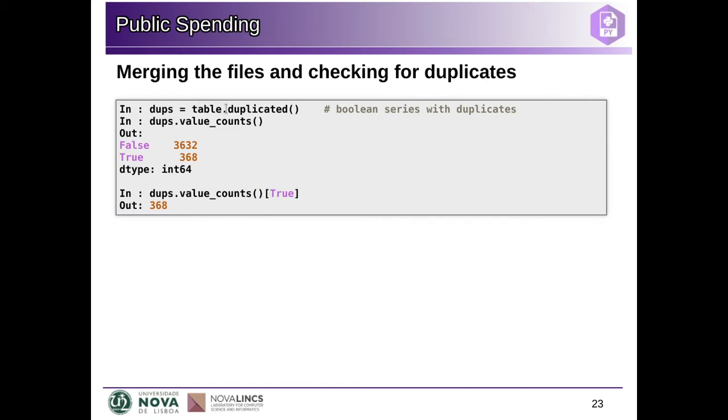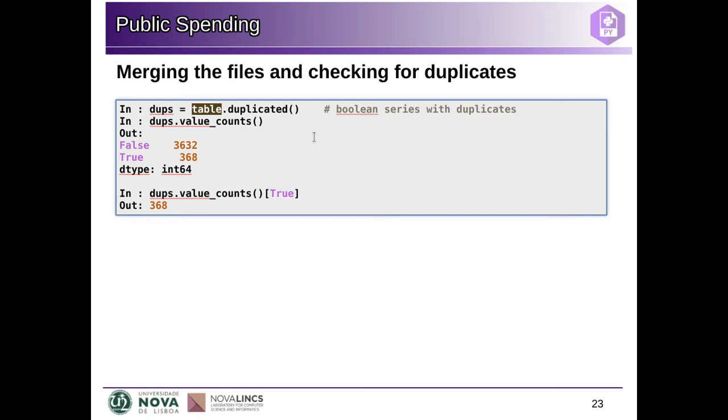If you call the duplicated method on a data frame, it will give you a series with a true value for all the rows that are a repetition of some previous row. So the first time it encounters a row with a certain set of values, that one is not duplicated.